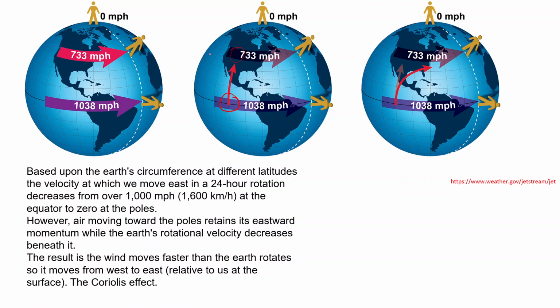Now what has happened is that the speed of this latitude is less than equator, speed of this latitude is less than the previous one. So as we keep on moving towards higher latitudes, the speed progressively decreases. As a result, you will see that due to this conservation of angular momentum, that air mass seems to get deflected towards east. So you will find as if the wind is coming from this direction to this direction, that is the deflection. So this deflection is because of the Coriolis effect.